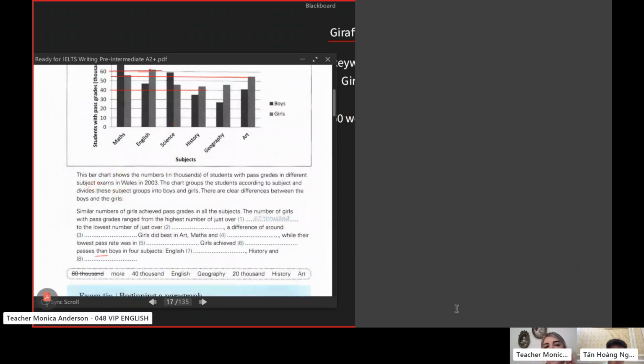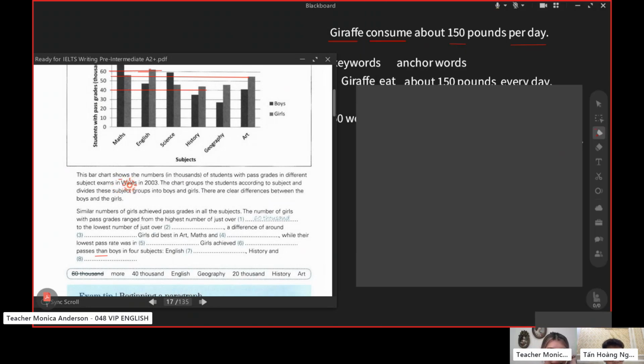Now, let's do something. Okay, this bar chart, would you help me to underline the keywords and anchor words in this introduction, please? Just tell me and I underline. The keyword, I think that shows. Okay, it shows. Excellent. I'm not sure if the number of students is the keyword.